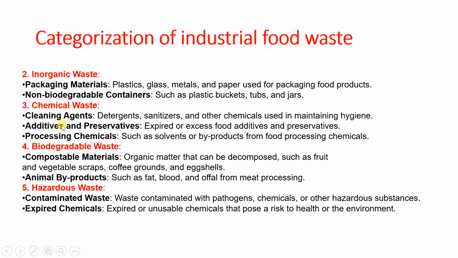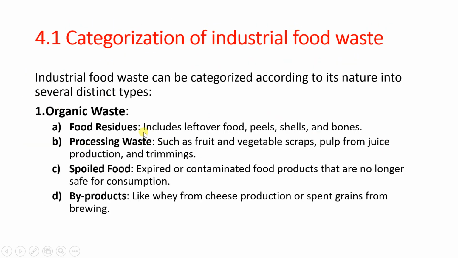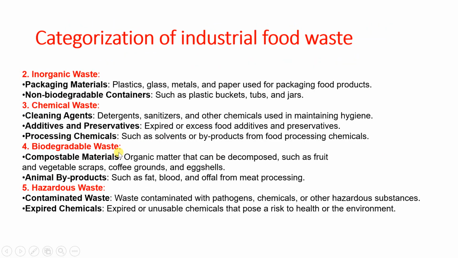Now, what about biodegradable waste? These are compostable materials such as organic matter, like previously communicated. For example, organic matter that can be decomposed, such as fruit and vegetable scraps, coffee grounds, and eggshells, falls under the same category too.